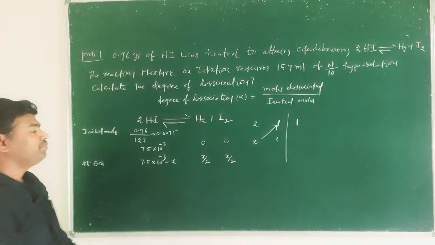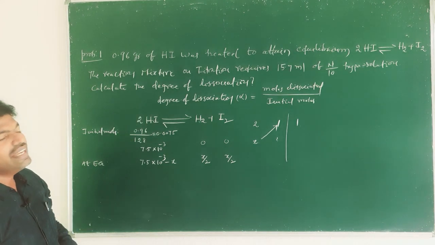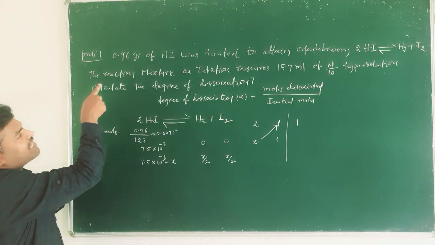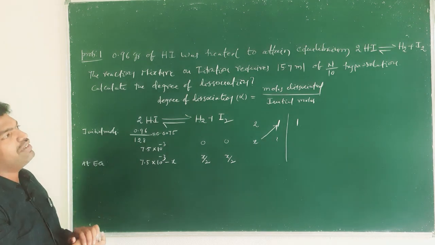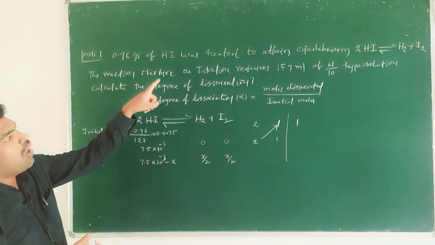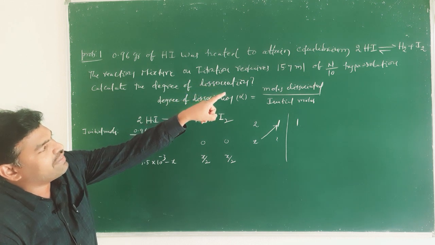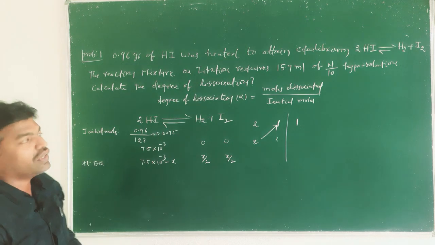Next, we should calculate moles dissociated by initial moles. The given data is that after the establishment of equilibrium, the reaction mixture on titration requires 15.7 ml of N/10 hypo solution.